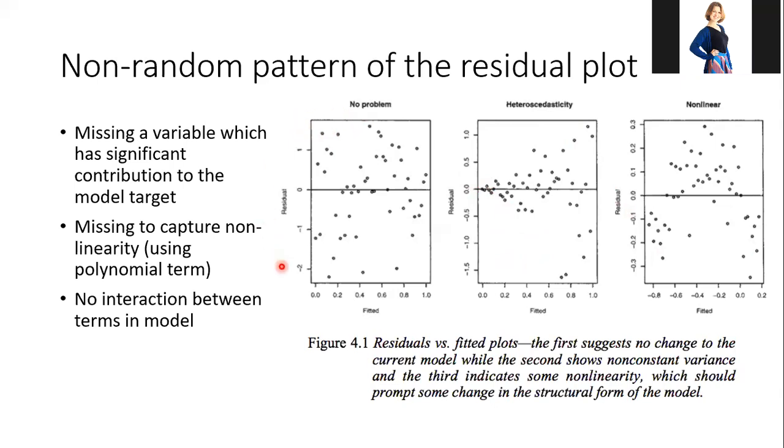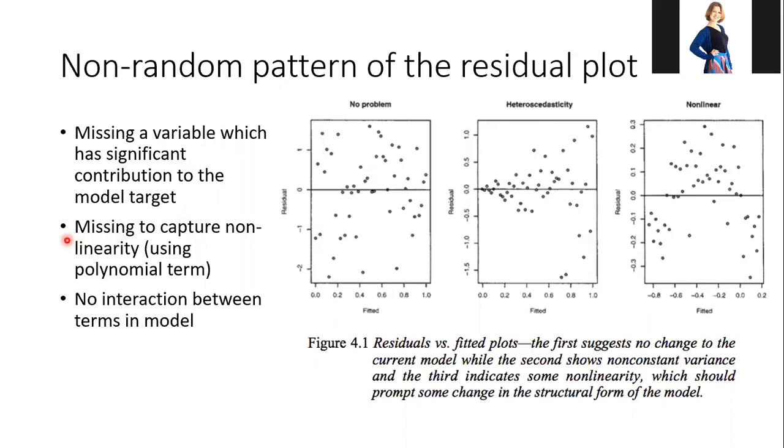And when we have a random distribution of the residuals, we obtain a random picture, and it means that we don't have any problem. If we have a non-random pattern, it means that we missed a variable which has a significant contribution to the model target. So we need to return to our model and add this variable.